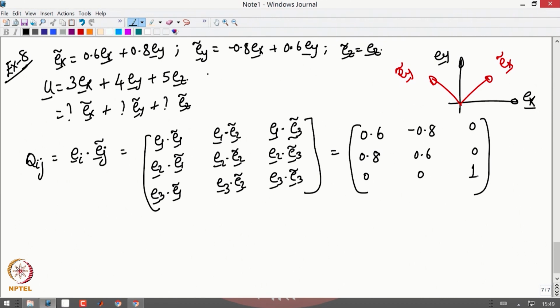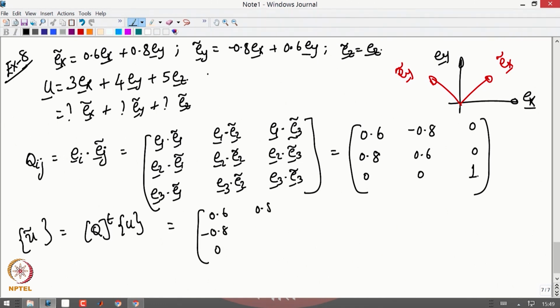Now, you know that the components in U tilde are related as Q transpose times U. So, this will be 0.6, minus 0.8, 0, 0.8, 0.6, 0, 0, 0, 1 multiplied by the components in U, which are 3, 4 and 5.